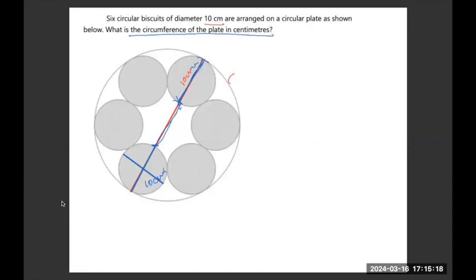So what it means is that the center circle, sorry for this, let me draw it. The center circle that will come here, the diameter will be the same as the gray circles that you are seeing, the smaller circles, which is equal to 10 centimeters.